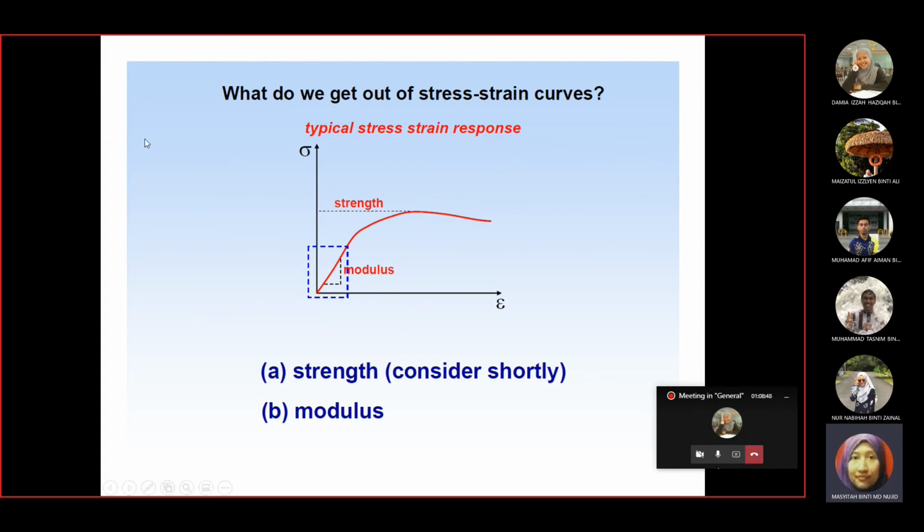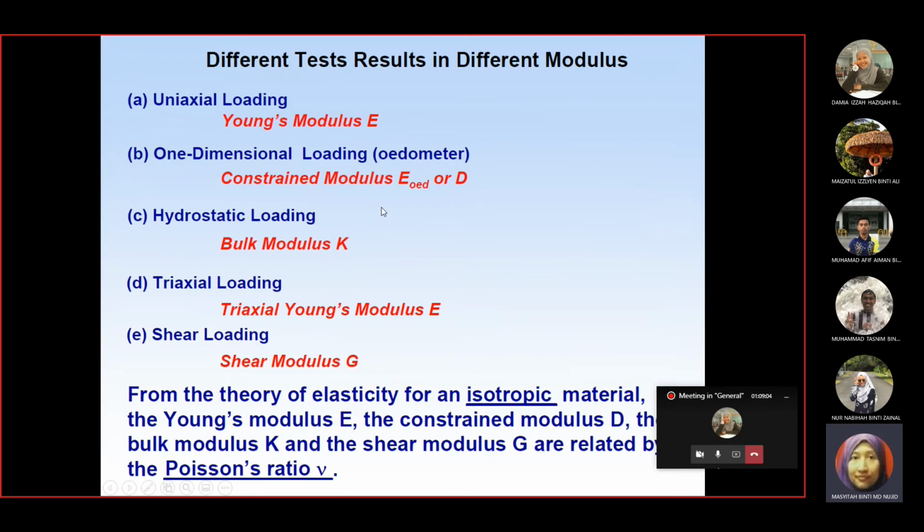Okay, yang ni lah benda-benda yang kita nak ceritakan bila you tengok typical stress response ni, we want to see the deformation ataupun kita nak tengok dia punya stiffness. Stiffness can be found from the modulus. Kita nak tengok dia punya strength. Strength dia boleh tengok daripada nilai C dan juga nilai phi. Okay, these are the parameters that can give to you under modulus or under the line of linear.